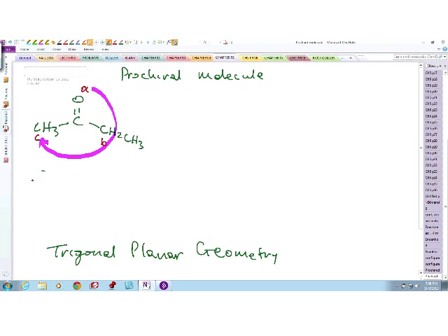Clockwise. So the face of the molecule that gives you a clockwise motion, we call that an Re face.